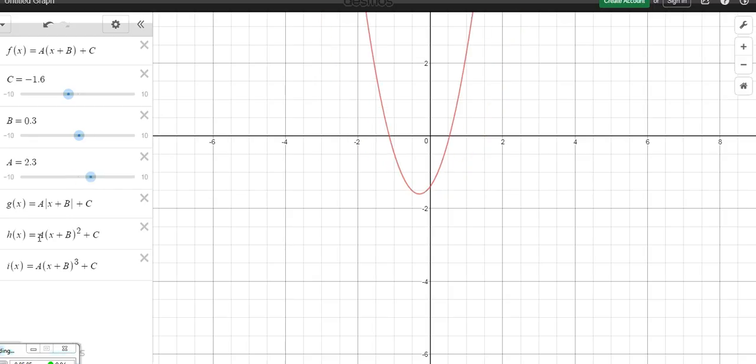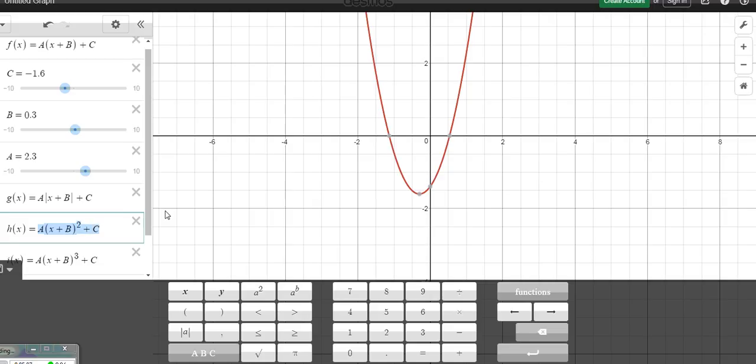Now notice that the parabola, our quadratic one, is in vertex form. We have a times the amount (x minus h) squared and then plus k. So b and c help you find your vertex.